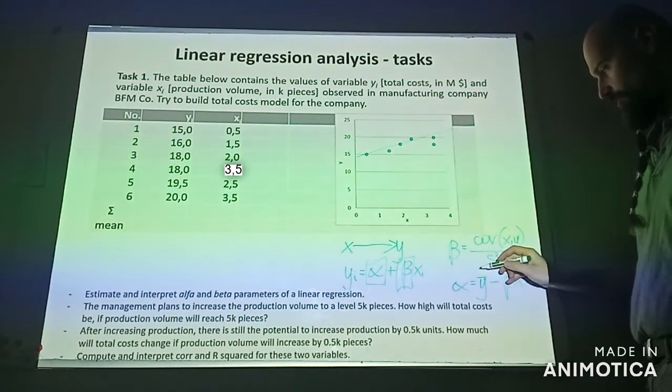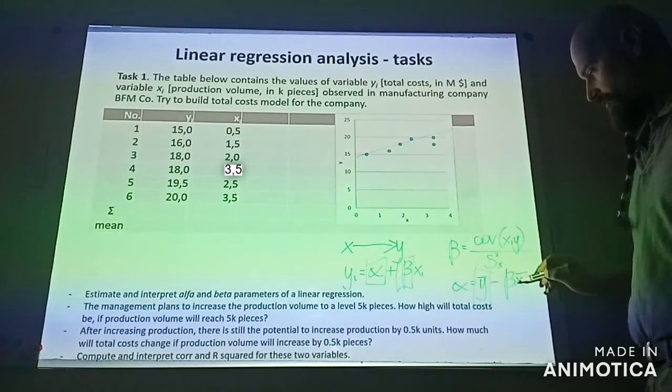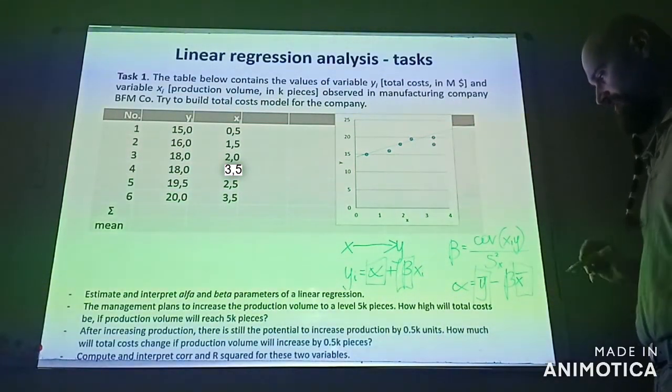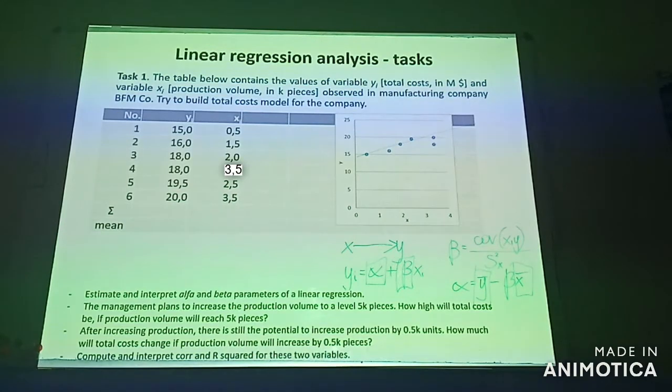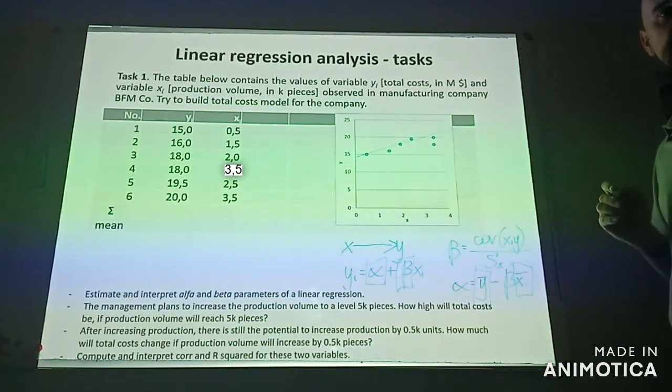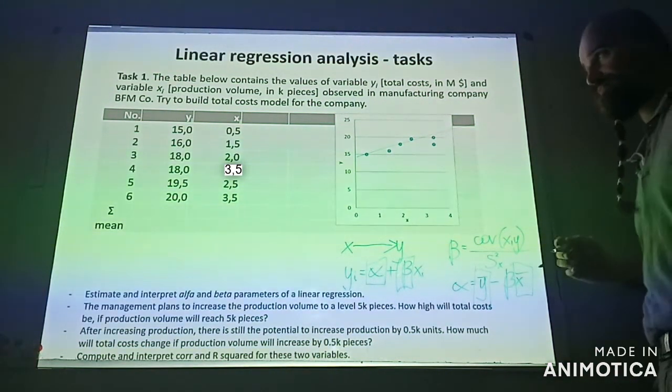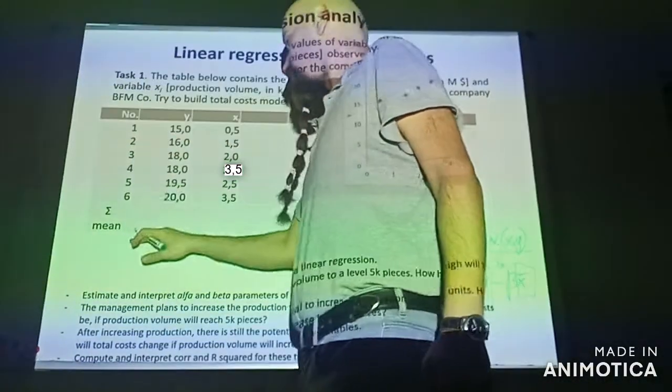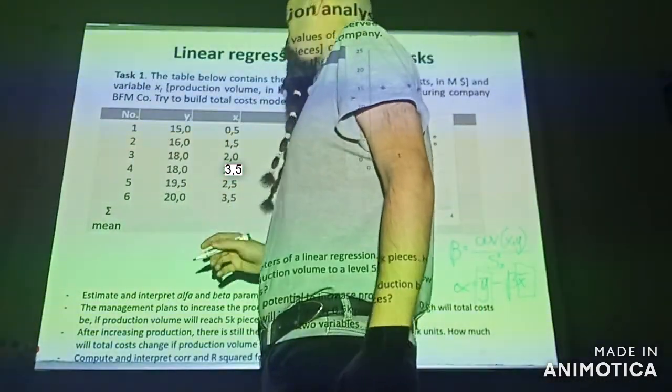Let's start with these two simple categories. Let's compute the average value of total costs and the average value of production. Here we have our table.